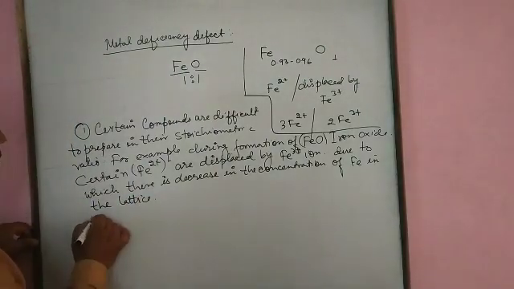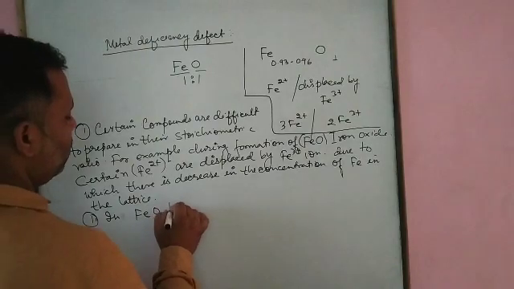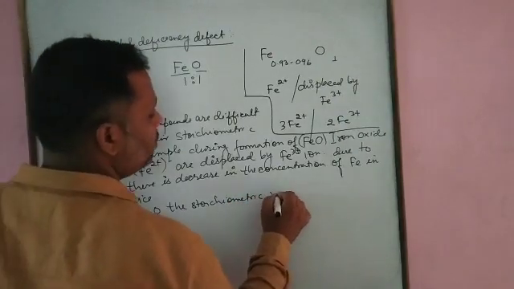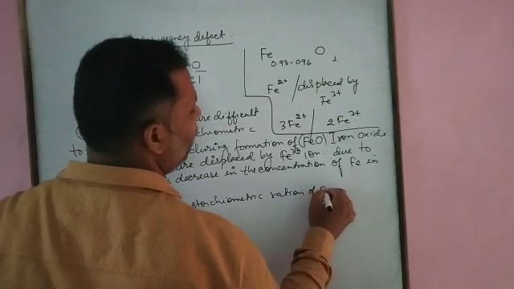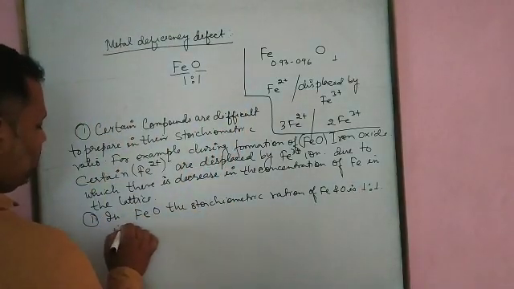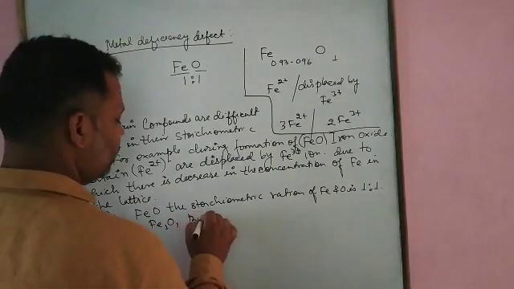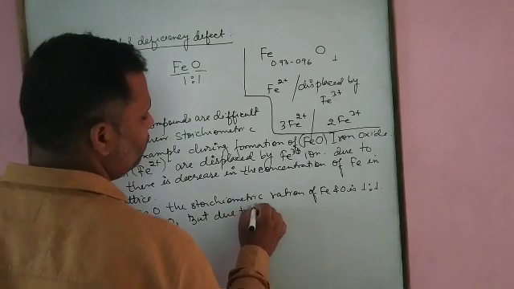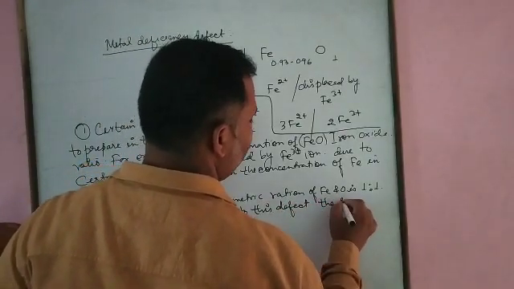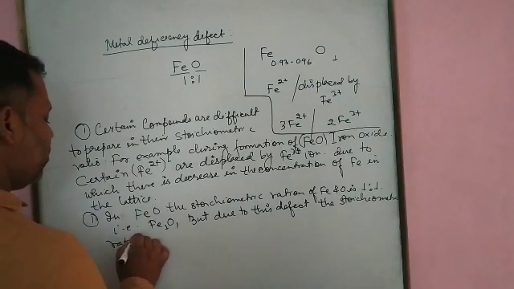In FeO, the stoichiometric ratio of Fe and O is 1:1, that is Fe1O1. But due to this defect, the stoichiometric ratio varies.